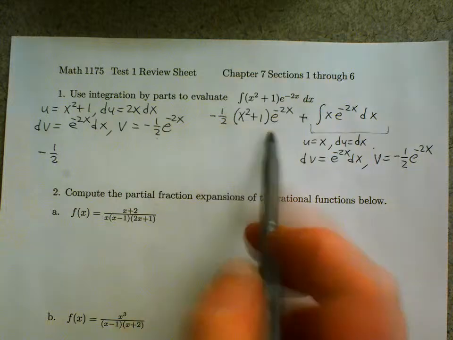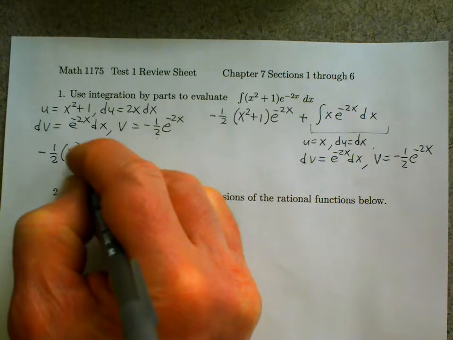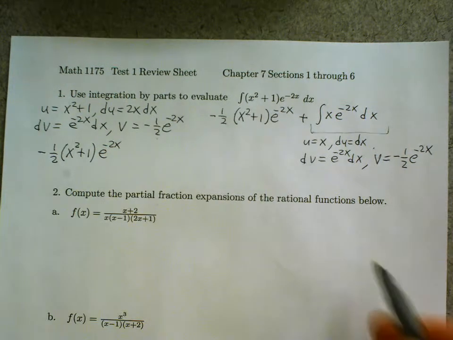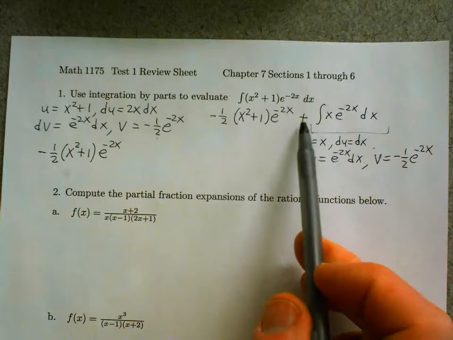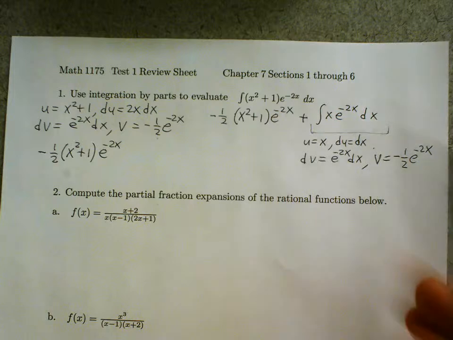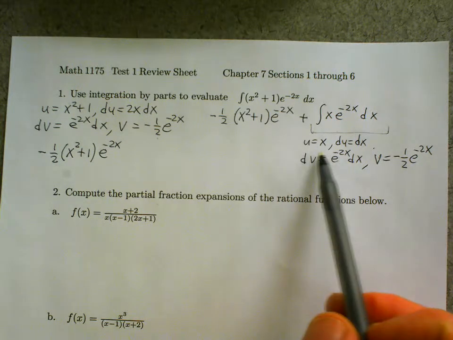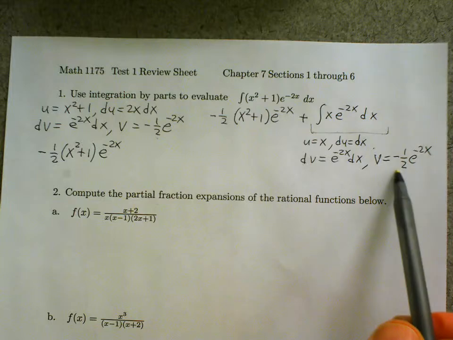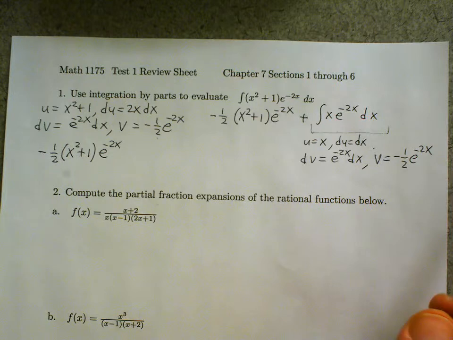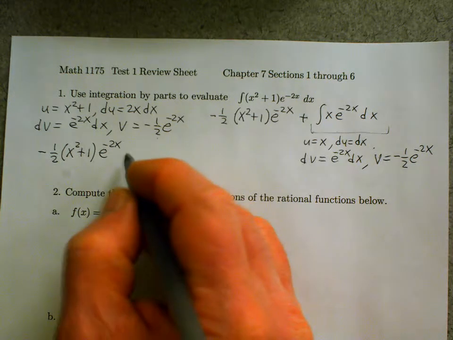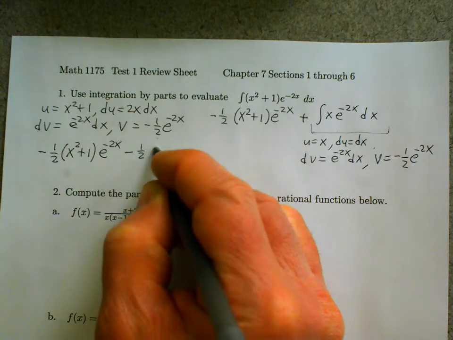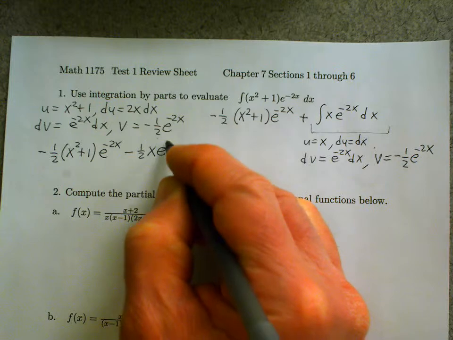So I'll rewrite this, negative 1/2 times the quantity x squared plus 1 times e to the negative 2x. And then we're going to add the result of integrating this by parts. So we're going to add negative 1/2 x times e to the negative 2x. So since we're adding a negative, I'll write minus 1/2 x e to the negative 2x.